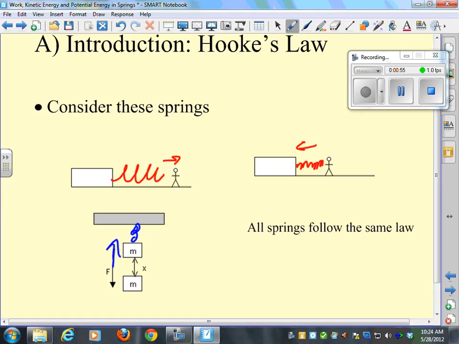All of these springs follow the same law. That being? Hooke's law. Robert Hooke, I believe. So all springs follow Hooke's law.